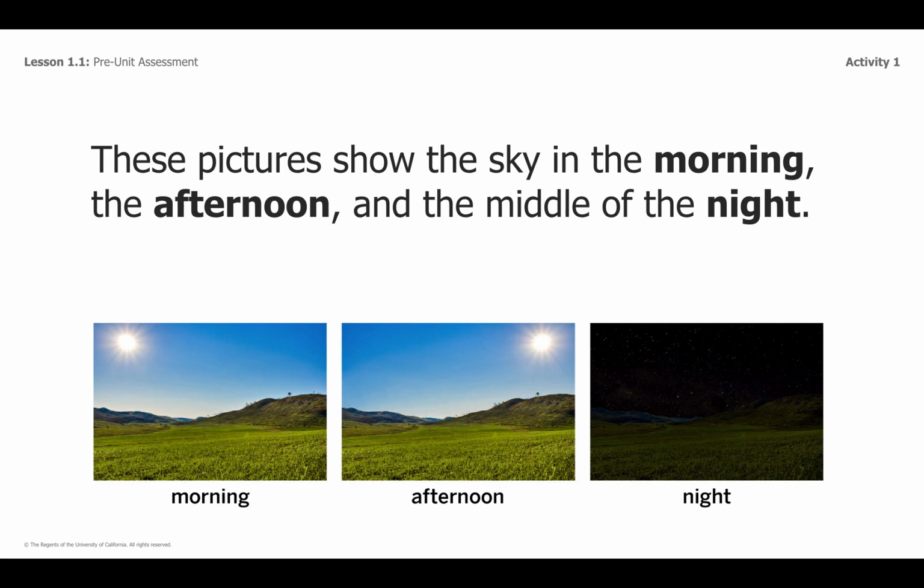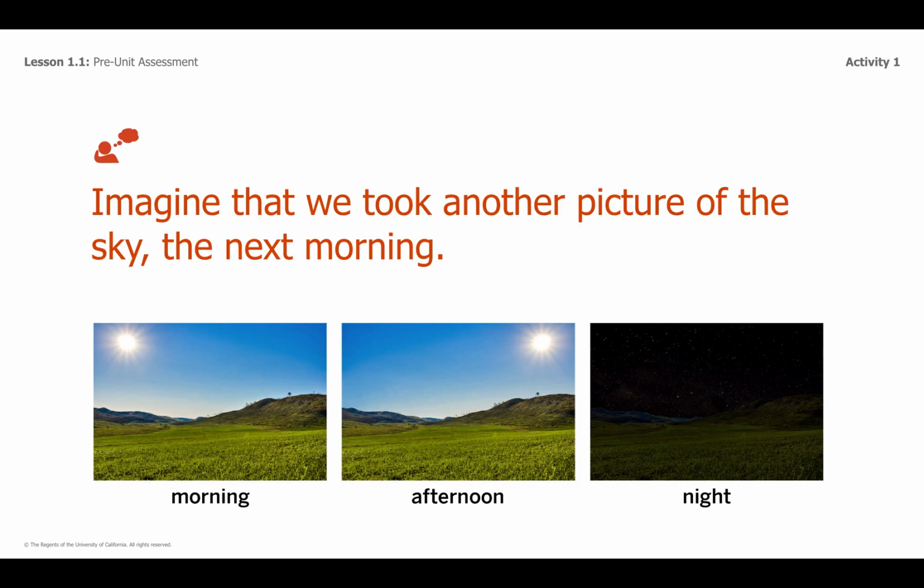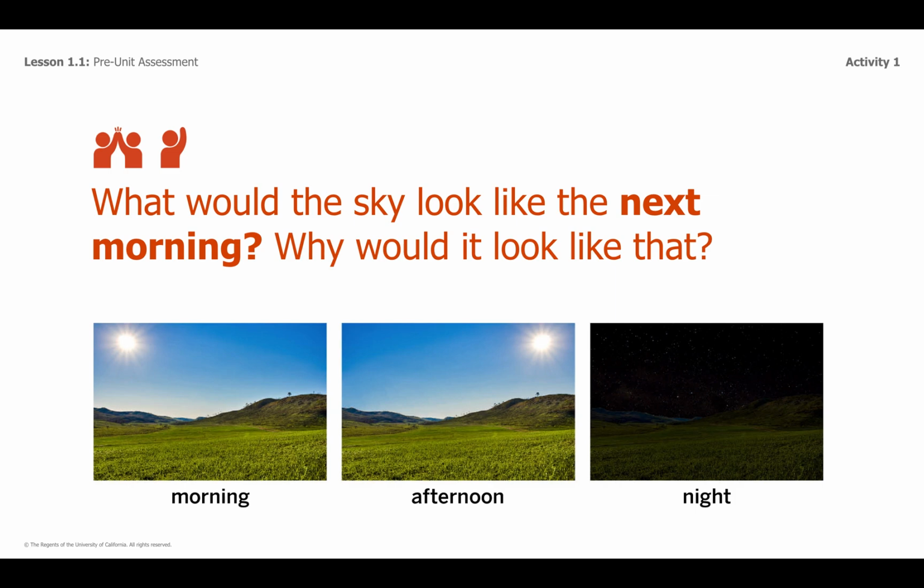Okay, welcome back. These pictures show the sky in the morning, the afternoon, and the middle of the night. Imagine that we took another picture of the sky the next morning. What would the sky look like the next morning, and why would it look like that?